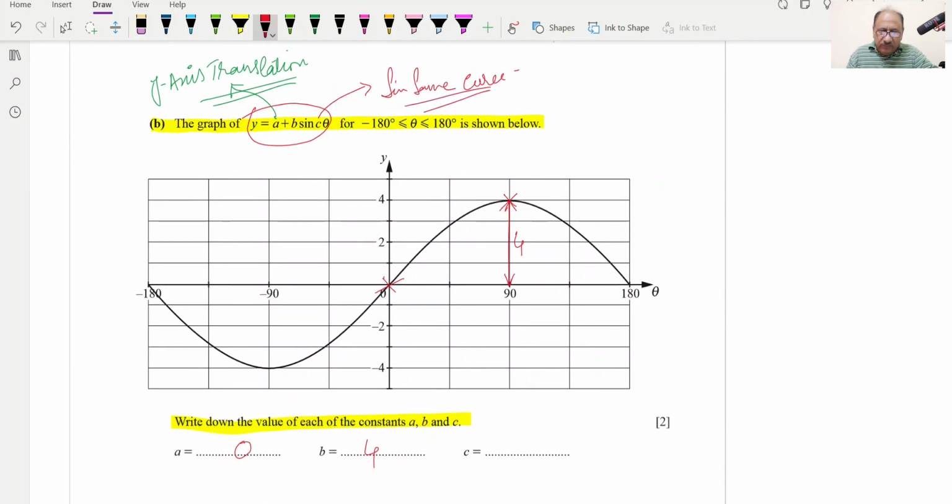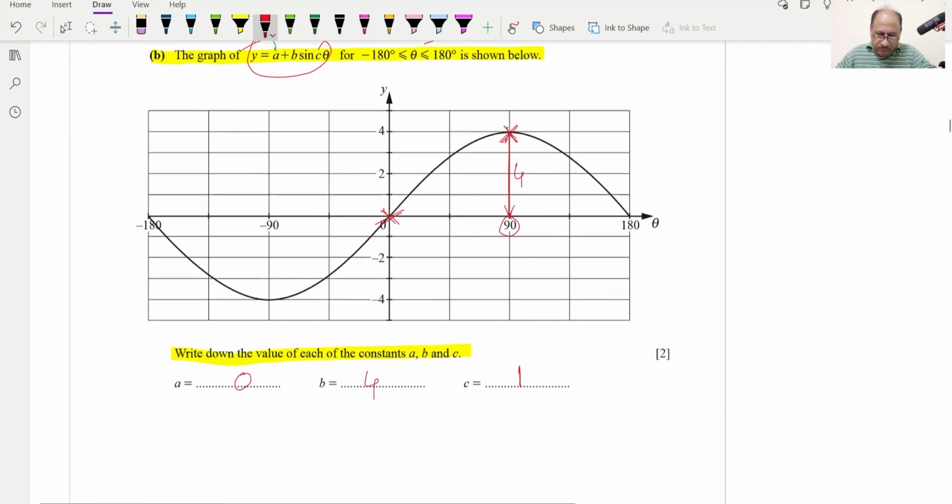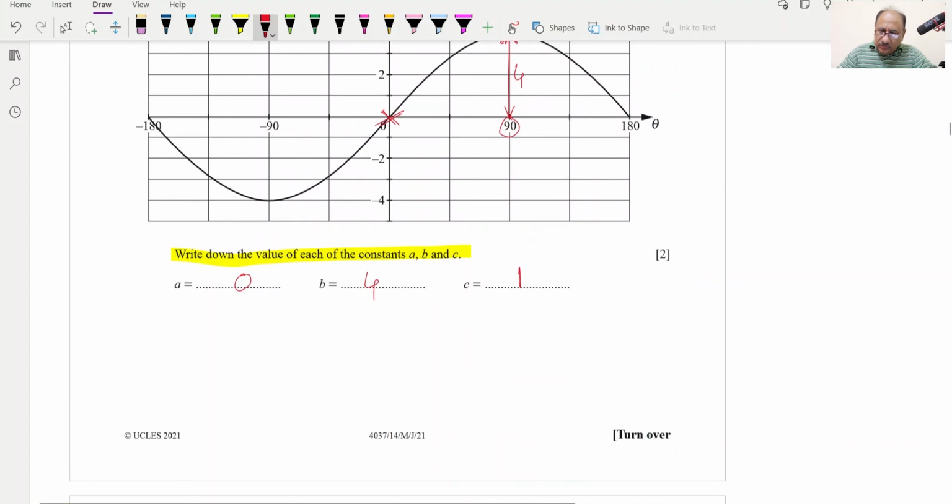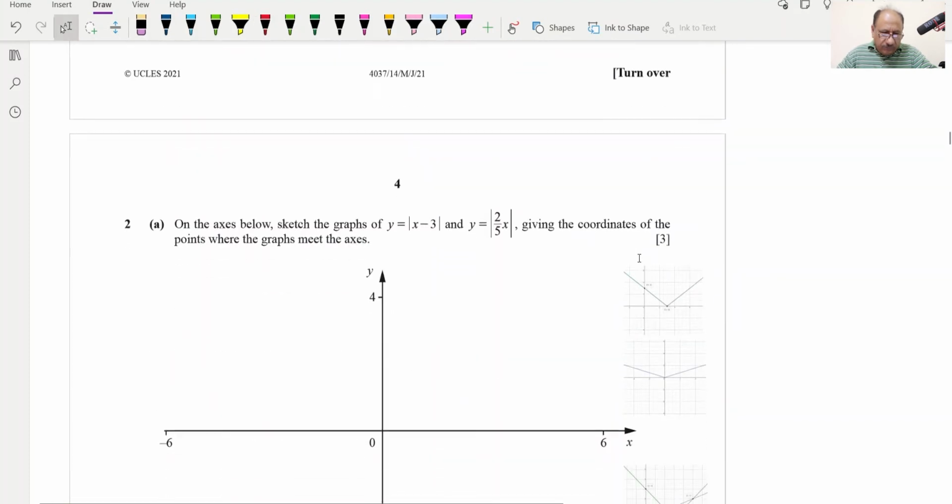So the c value will basically be 1, because sine 90 is 1, which is this one, and 0 is 0. So these will be the values. This is a 2 mark question which they have given.